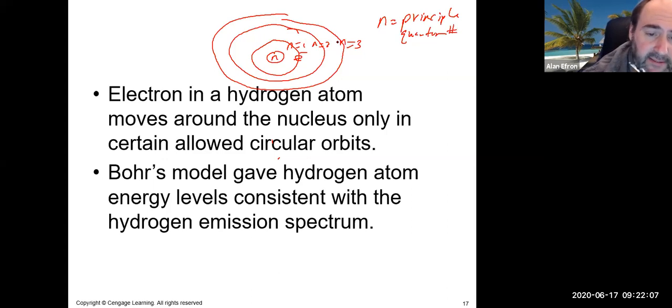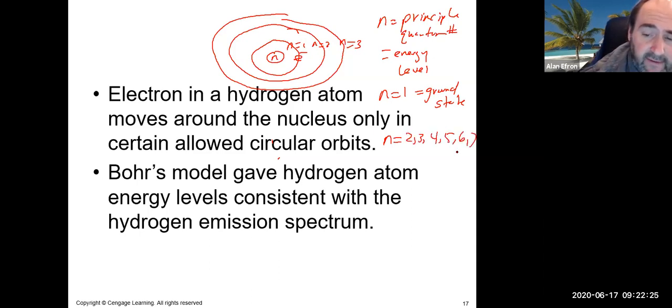It is basically the energy level. n equals 1 is the ground state, and anything above that, n equals 2, 3, 4, 5, 6, 7, is referred to as an excited state.